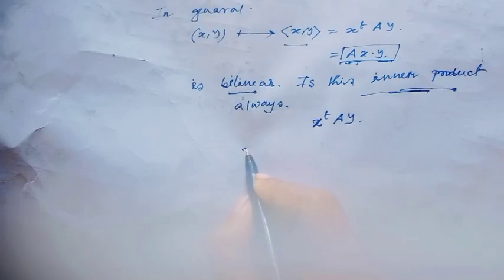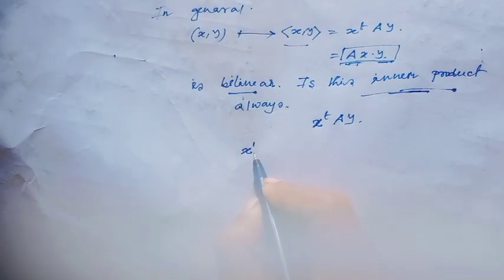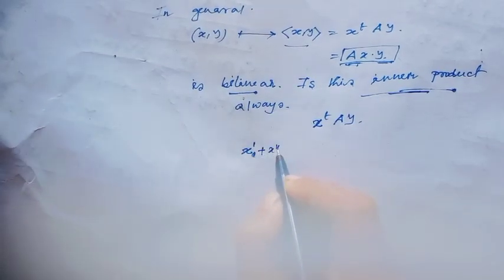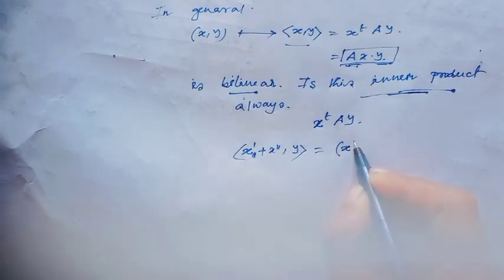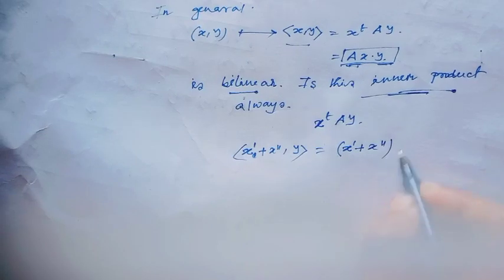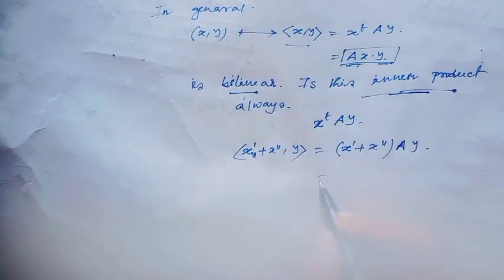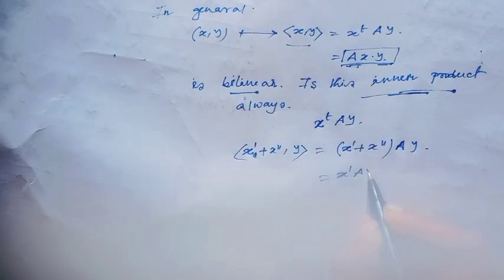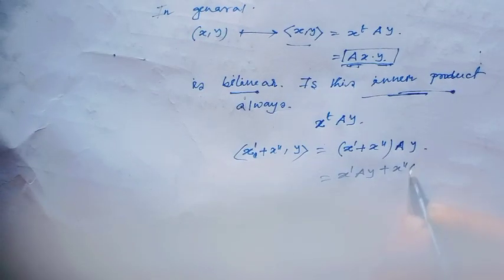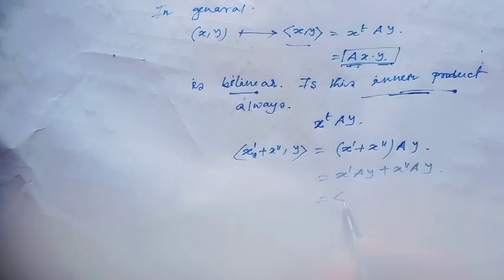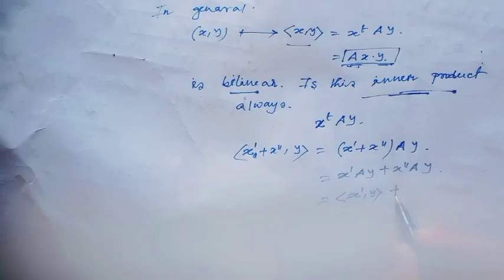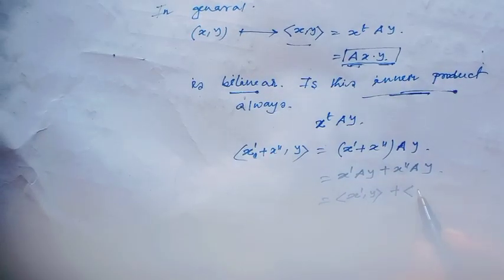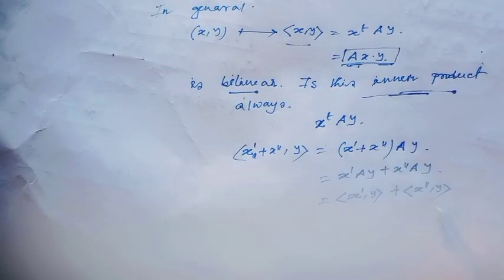For bilinear, this is very easy. If we consider x dashed, x double dashed, comma y, then we can write this as x dash plus x double dash, A with y. This is obviously x dashed Ay plus x double dashed Ay, and x dashed Ay means obviously inner product x dashed, y, and x double dashed Ay means inner product x double dashed, y.